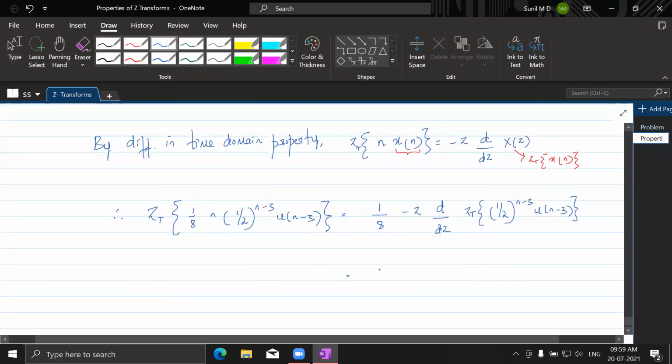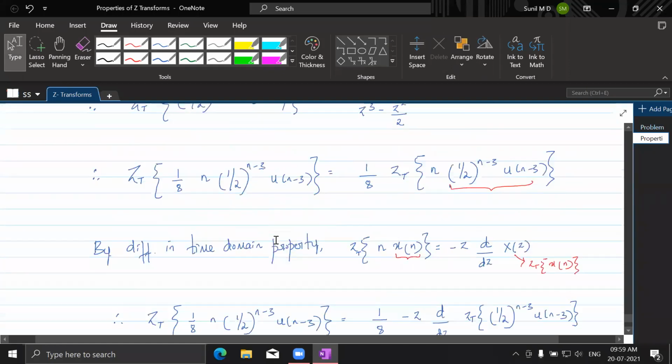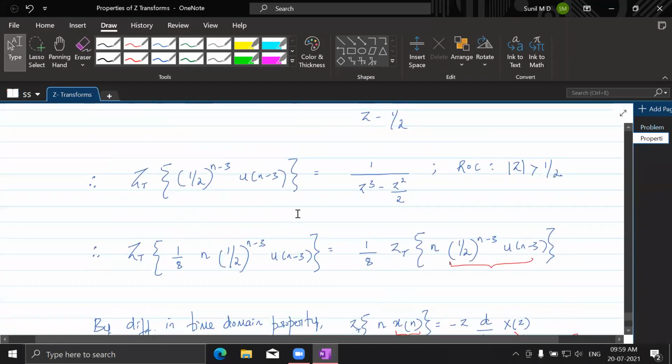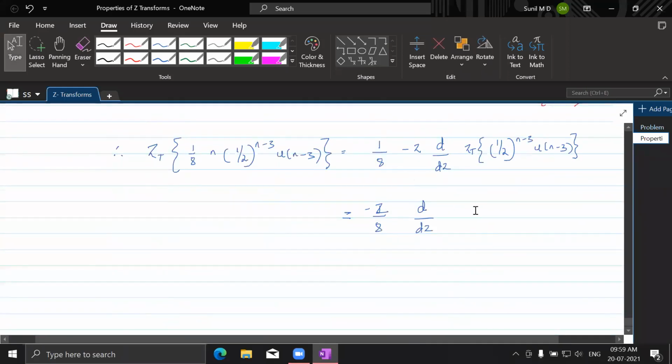So therefore it would be 1 by 8 times, so it is minus z by 8 we should write, d by dz of this. What is the Z transform of this we have obtained here? We obtained that here. This is what we need to make use of. Fine, so that should come here. So this we need to differentiate now, because this is the Z transform of this.